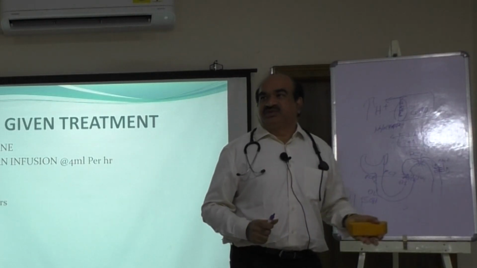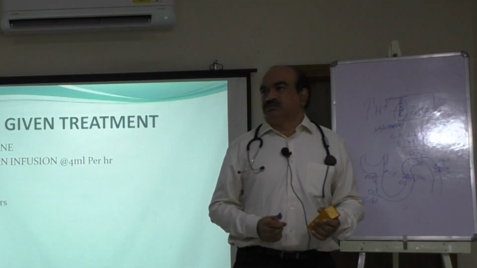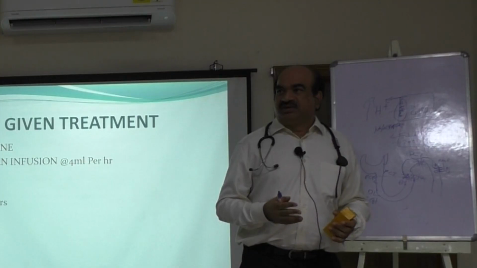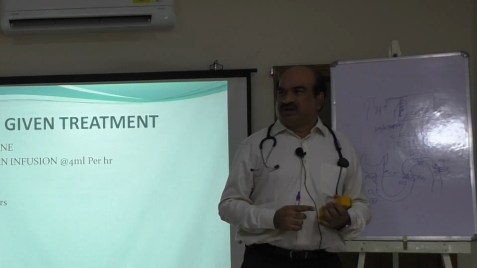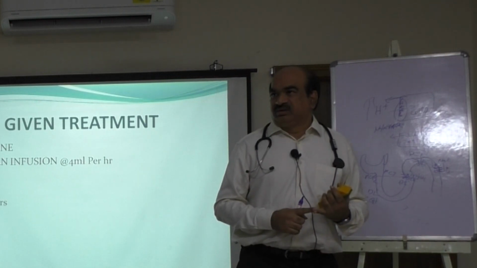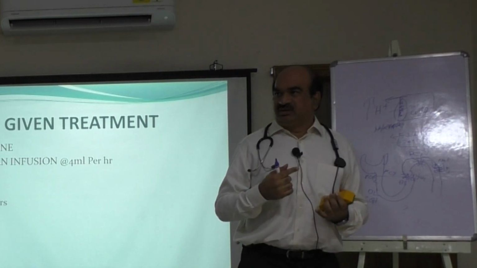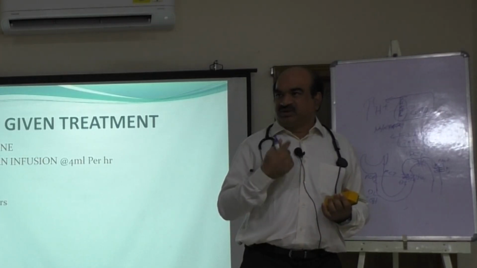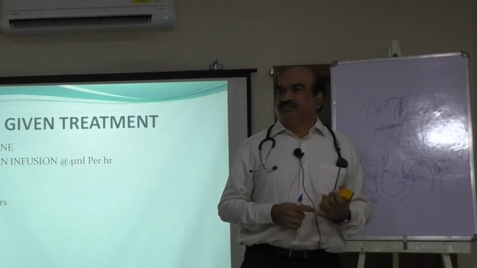What are secondary causes of hyperaldosteronism? Hypovolemia. Hypovolemia can cause increased aldosterone levels, even vomiting and nasogastric suction. Why does vomiting cause increased aldosterone level?